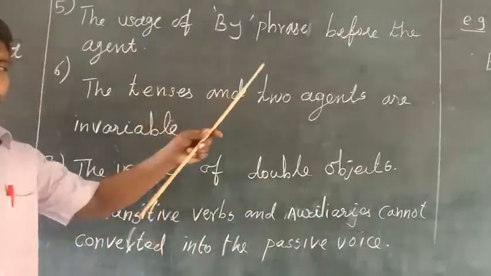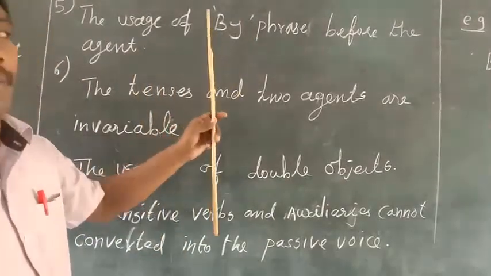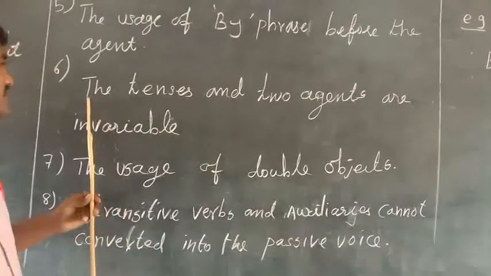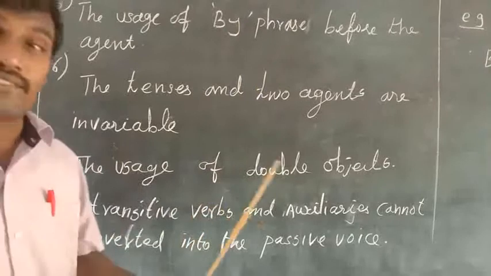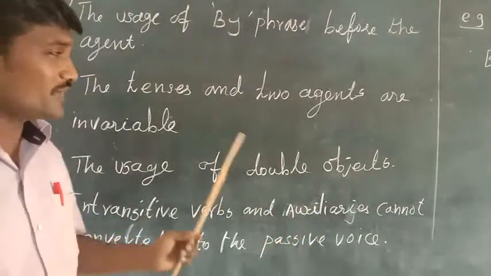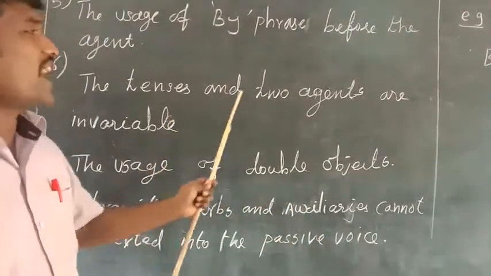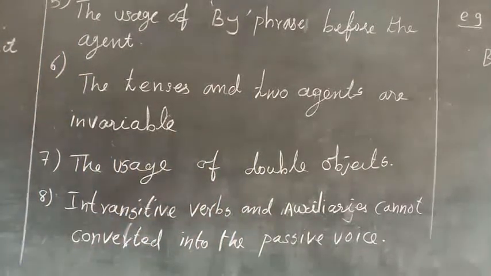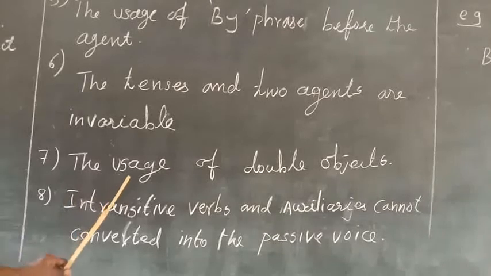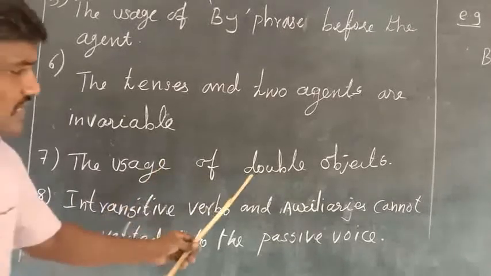So before the agent we have to use the phrase by. Then 6th point, the tenses and agents are invariable. It is a must. And 7th rule, the usage of double objects.